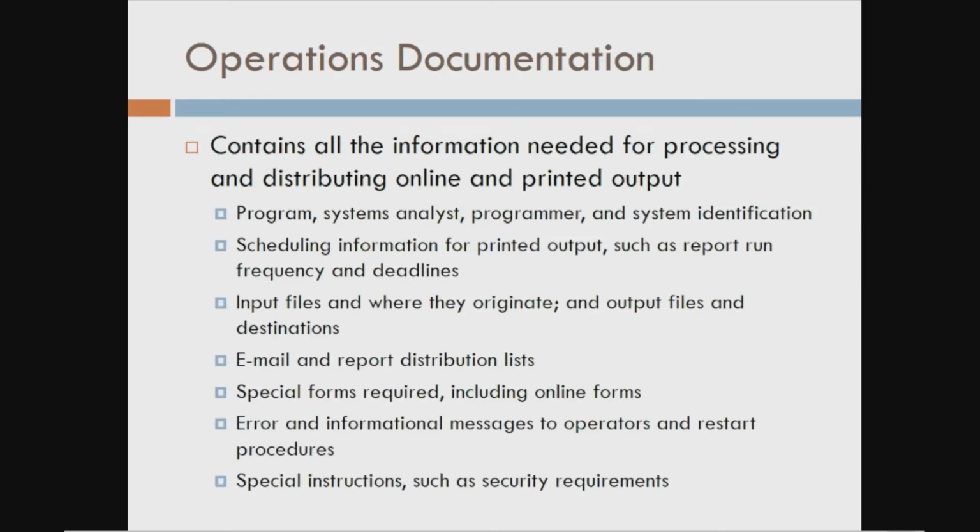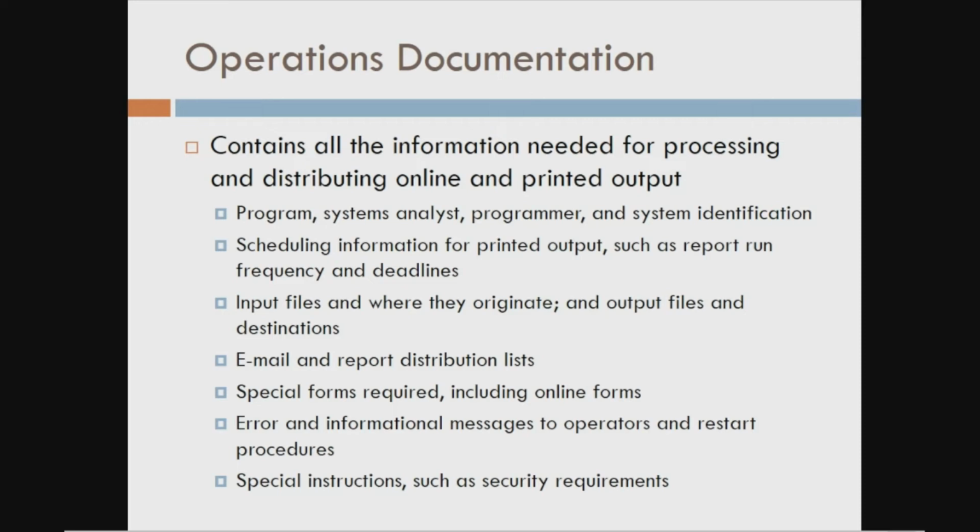And then we have the operation documentation. Okay, we have the system and then we have the operation. So this document will contain all the information needed for processing and distributing online and printed output.